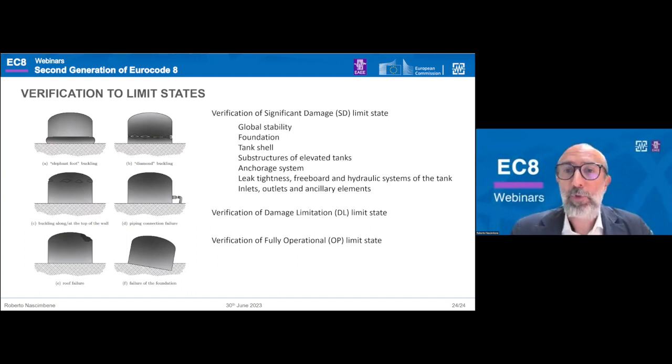Substructure, the building, let's say the staging and anchorage system, we need to check the freeboard, as we already have said in the slide related to the maximum wave height, and ancillary elements, but this is the topic of the meters. The verification of the damage limit state and fully operational limit state.